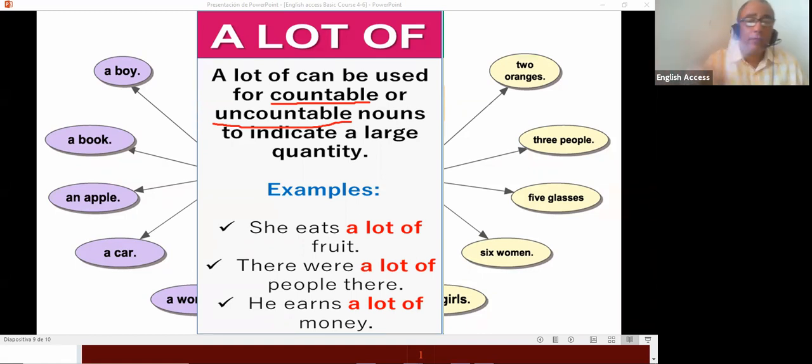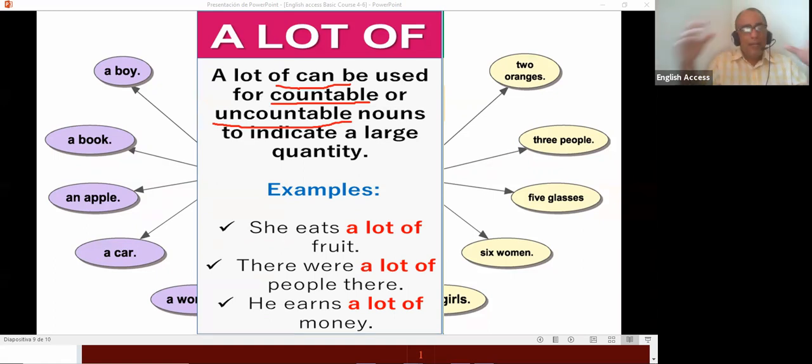Por ejemplo, pen, one pen. Si tuviera dos, diría two pens, dos plumas. One cell phone, two cell phones, three, four, five, six cell phones. That's why we name them countable. Y por eso los nombramos contables.